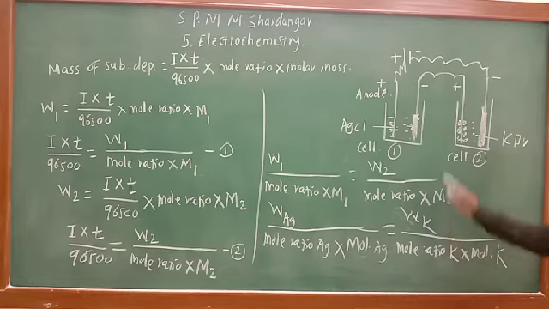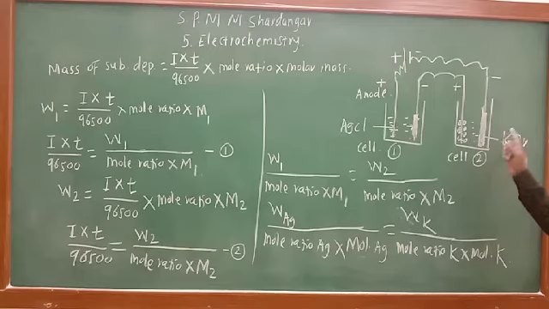Whenever two electrolyte solutions are connected in series and the same quantity of electricity is passed through them, the amounts of substances deposited at the cathode or evolved at the anode are calculated in a different manner than where only one solution is electrolyzed.